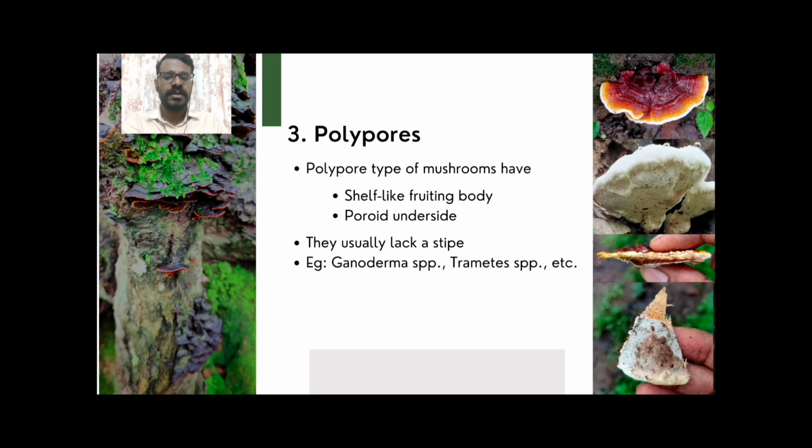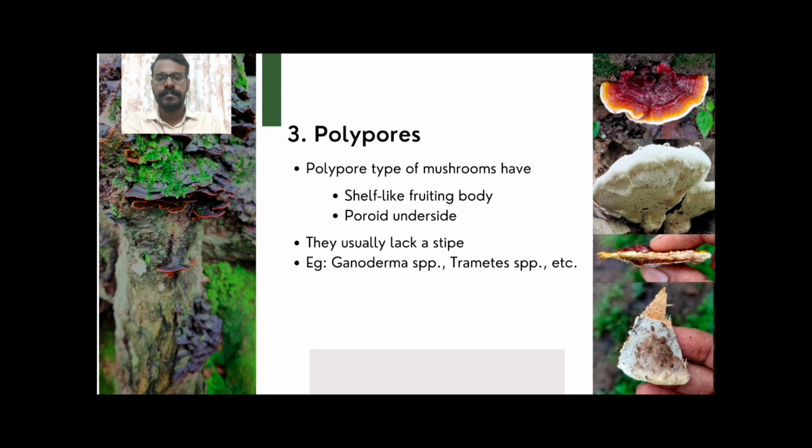Here on the image, you can see the Ganoderma species on the right side, where you can see the poroid underside and the colorful shelf-like fruiting body, and when you take the cross section, here also you can see that it is composed of tube-like structures which end in a poroid underside.